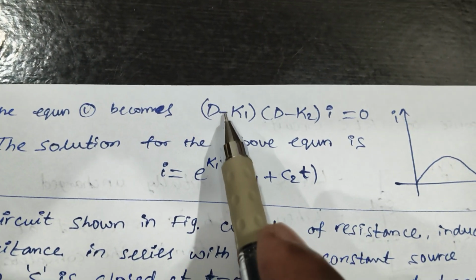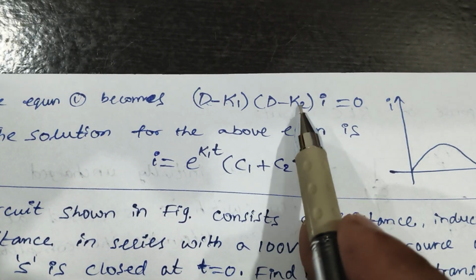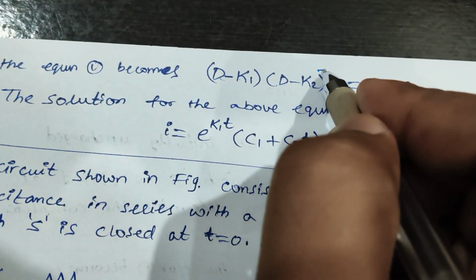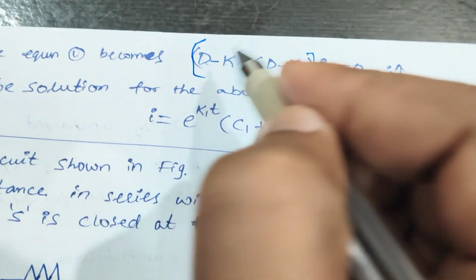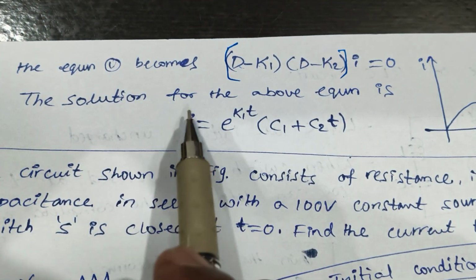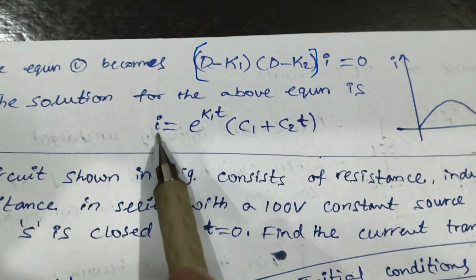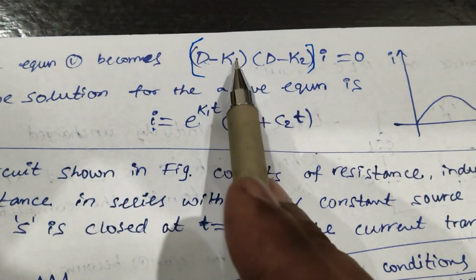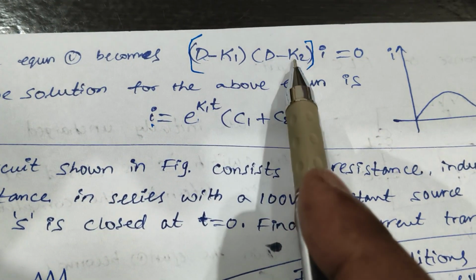So I can rewrite that equation as (D minus K1)(D minus K1) I equal to 0. For this, the solution of the current is I equal to e^(K1 t) times (C1 plus C2 t), as the two roots are repeated.